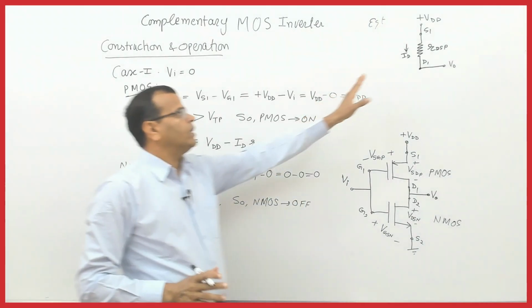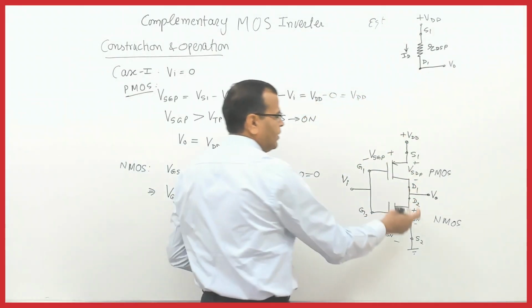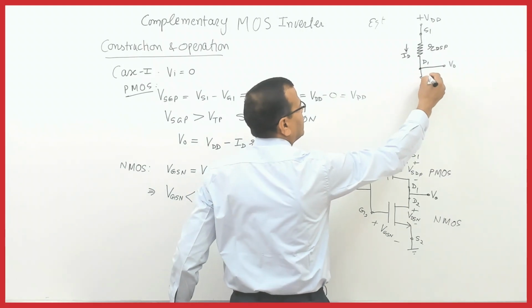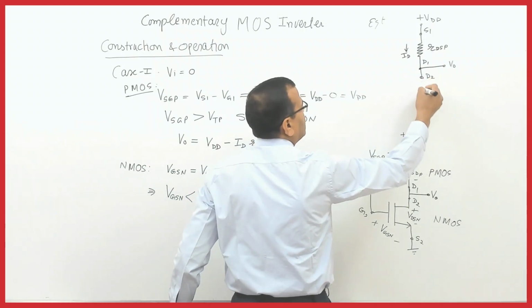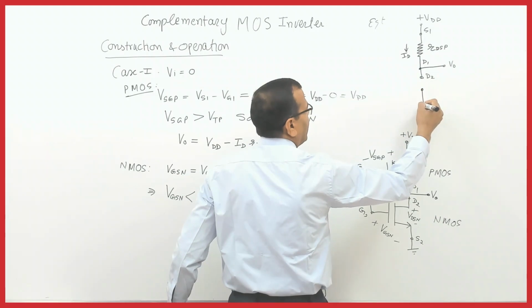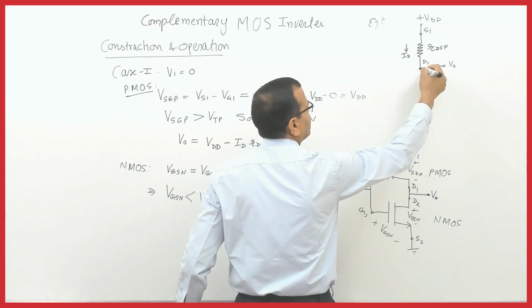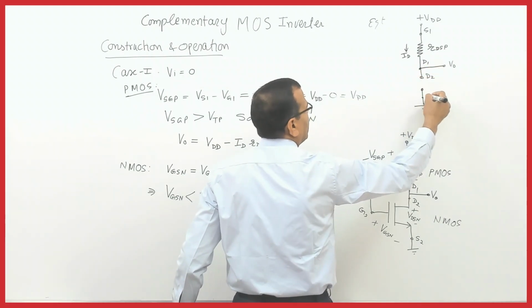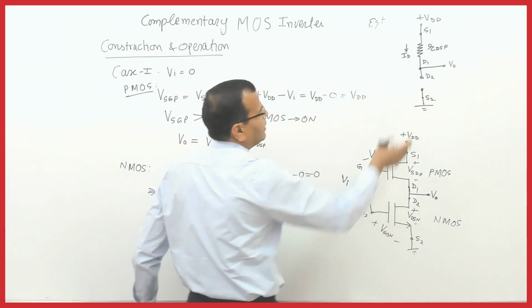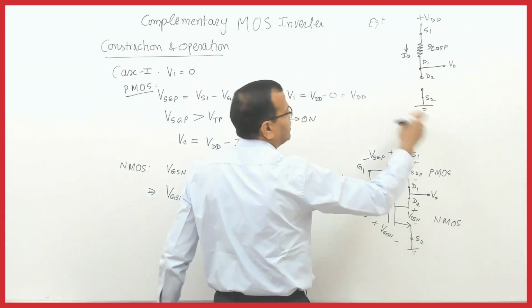Come to this equivalent circuit now. After V0, I have the terminal D2, and NMOS behaves like an open circuit. So this is T2, this is S2. I am not considering this part, I am considering only this part.